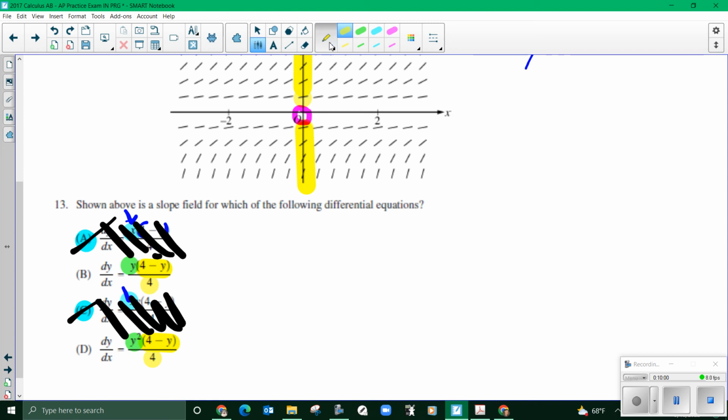If you know anything about numbers, you'll realize that a major difference is that when I just have y, I can have positive or negative values. When I have y squared, it doesn't matter if it's a positive or negative y value. When I square it, it will always be positive. So I'm going to look at that right now.